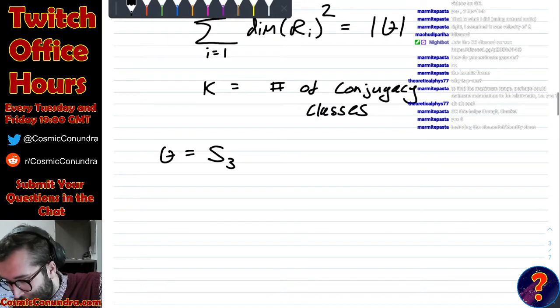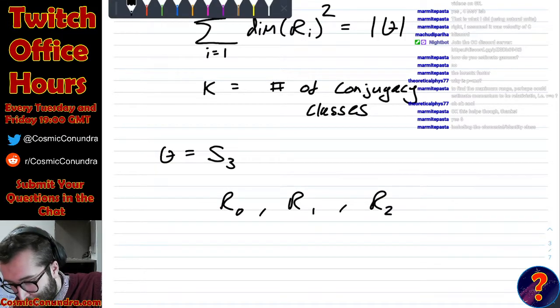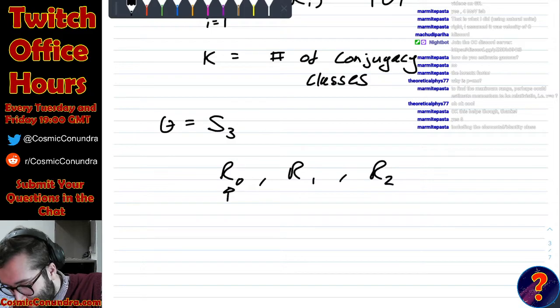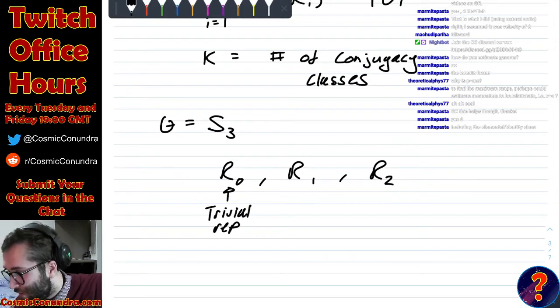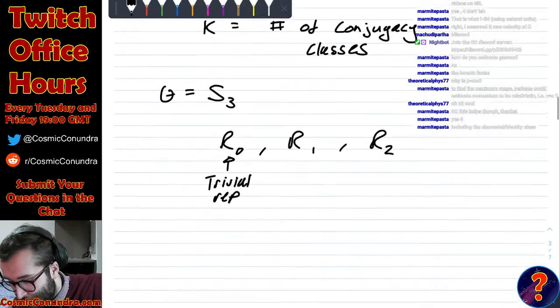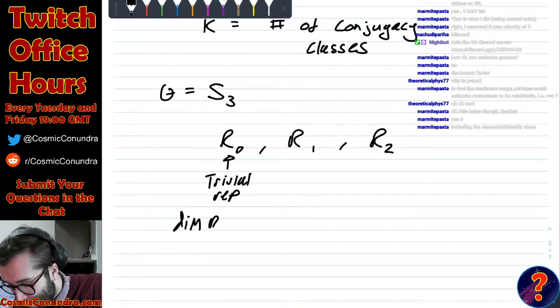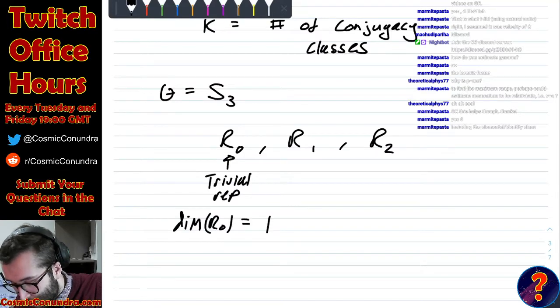So working it out, say we've got 3 representations, because we've got 3 classes. So we've got representation 0, 1, and 2. This is the trivial representation, where everything is just mapped to 1. Therefore, this of course has dimension 1, because everything is just a single number.